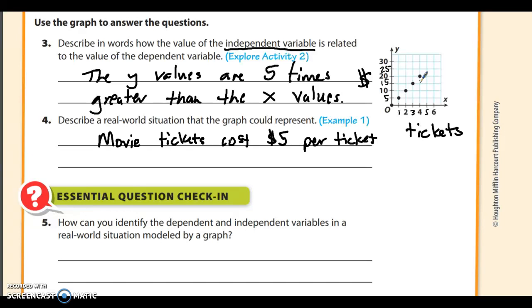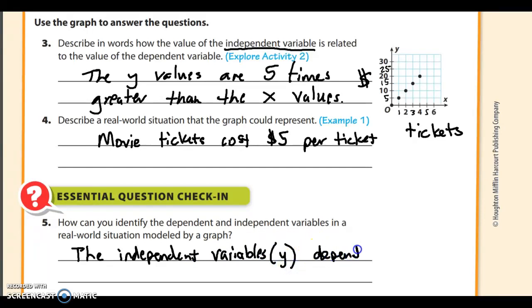So the one thing we got to say is the independent variables, and those are usually they're almost always the y's, depend on, and I did that backwards.